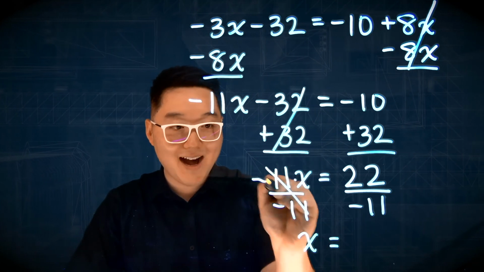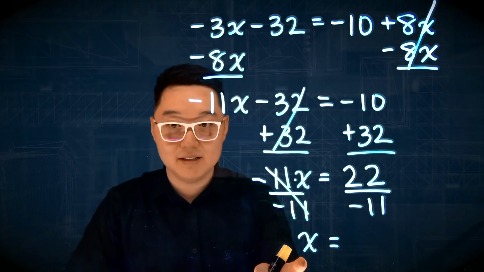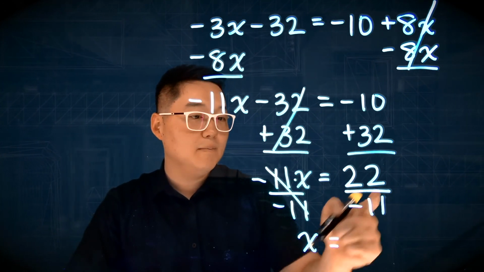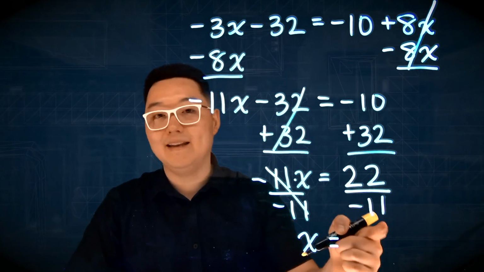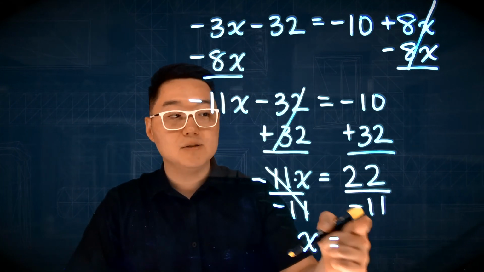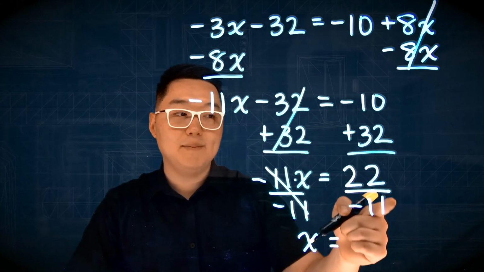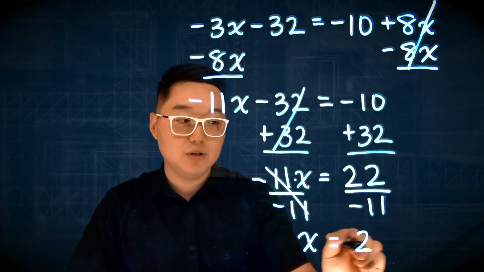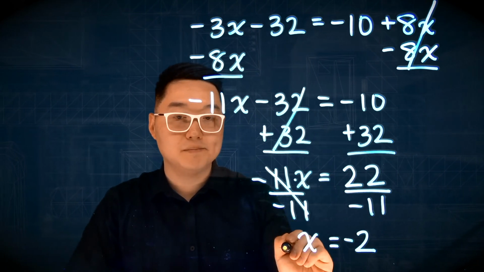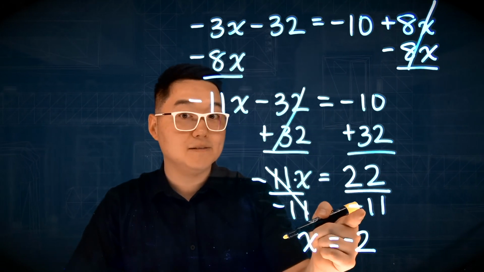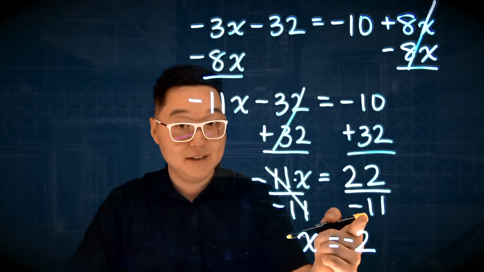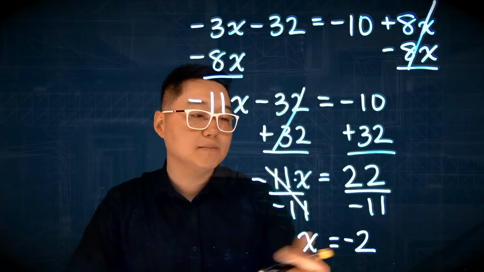Remember, when you divide two negatives, it becomes positive. But what happens when you do 22 divided by a negative 11? Since there's only one negative, 22 divided by 11 is not just 2, but a negative 2, because it's not double negatives here. We're only dividing by one negative, so it's a negative 2.